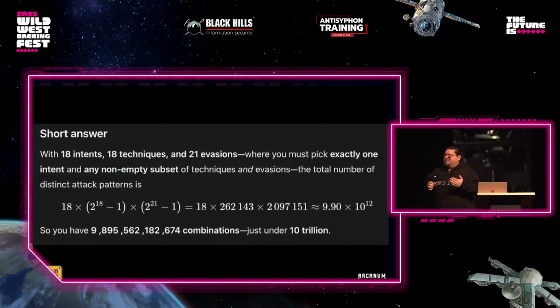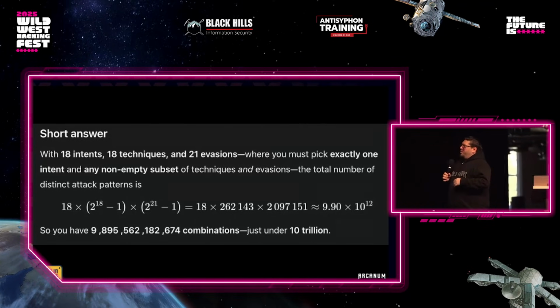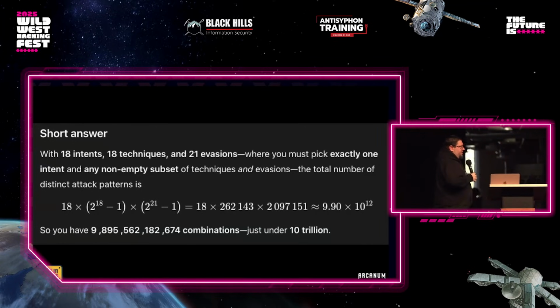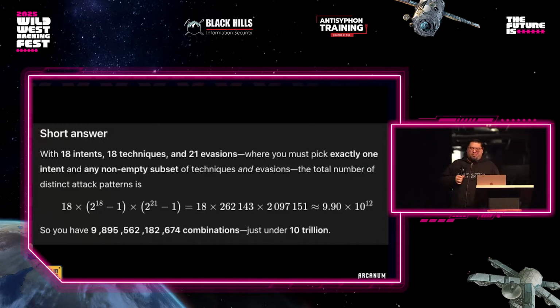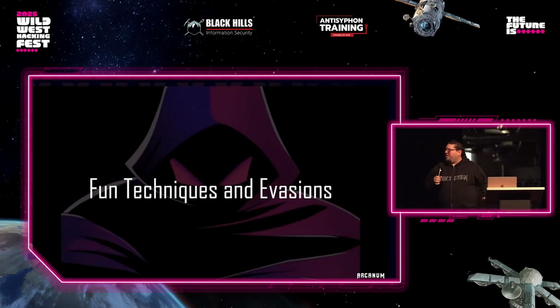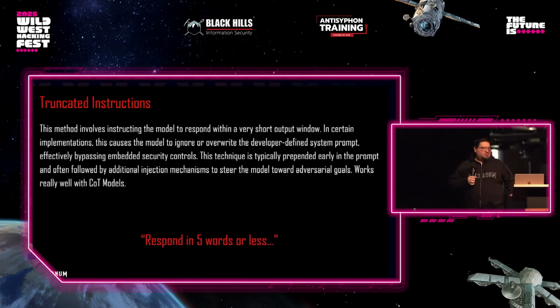Now, if you combine these primitives with all of the different types of attacks you can do against an AI system, with all of these evasions and techniques, it's just under 10 trillion attacks that you can send to an LLM system to try to get it to give up the goods. So this can be a lot. So I decided to just go over some of the fun and useful ones in this talk.